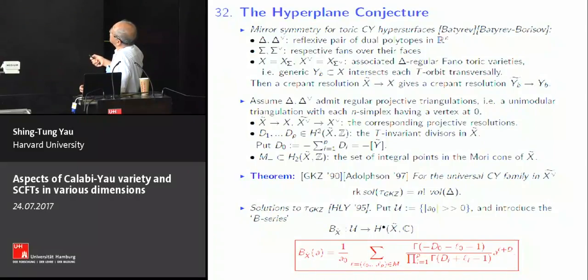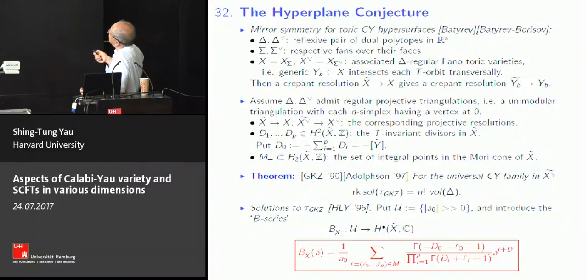And if you take a crepant resolution of X, you get a crepant resolution of the Calabi-Yau hypersurface. And this defines an interesting situation.